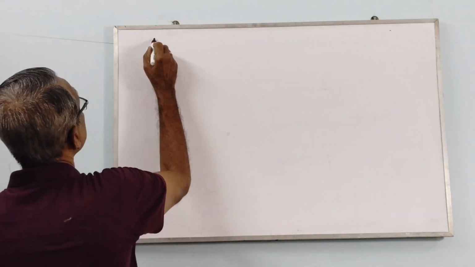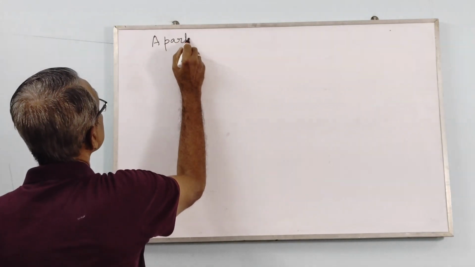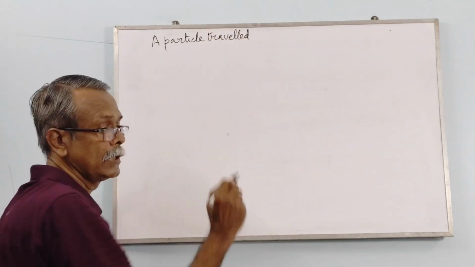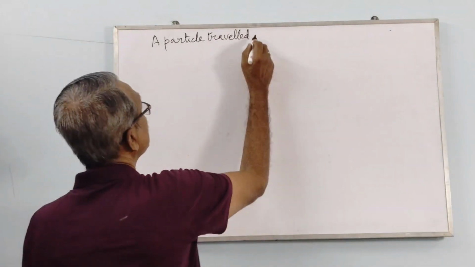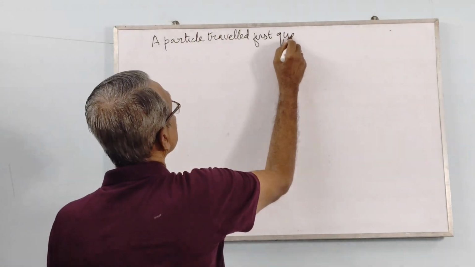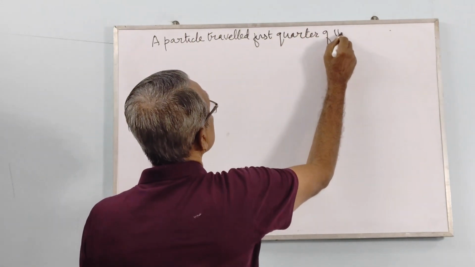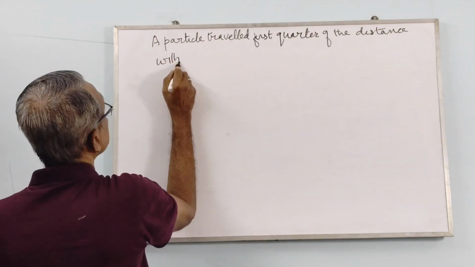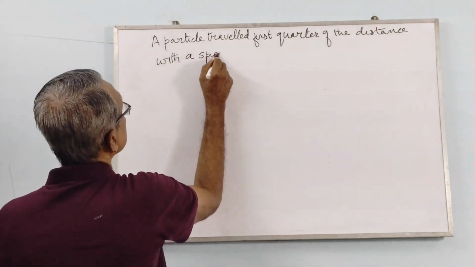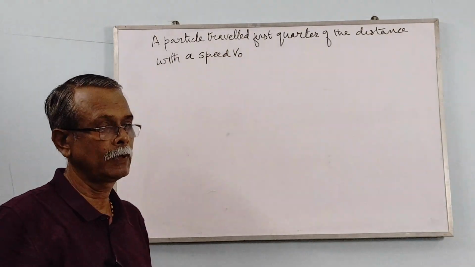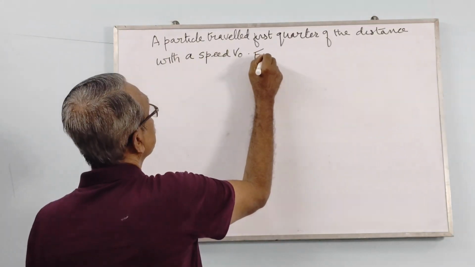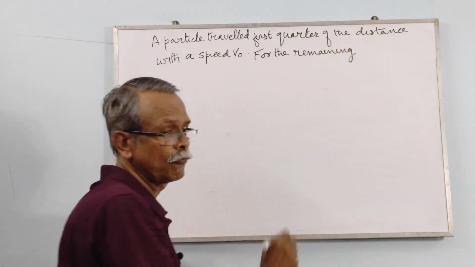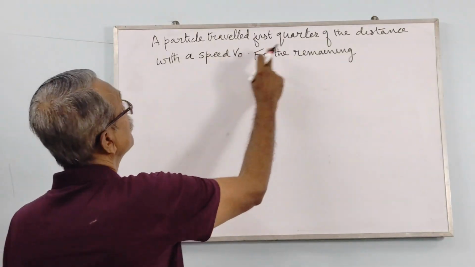That question is, a particle traveled the first quarter of the distance with a speed v0, for the remaining part, this is first half.